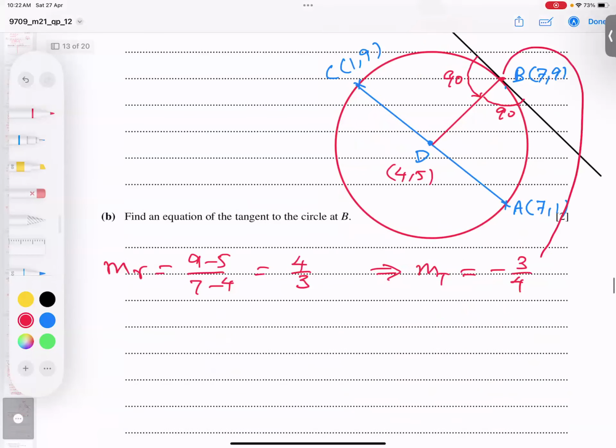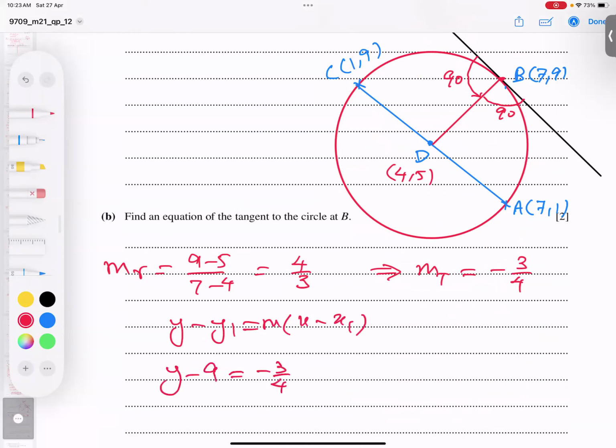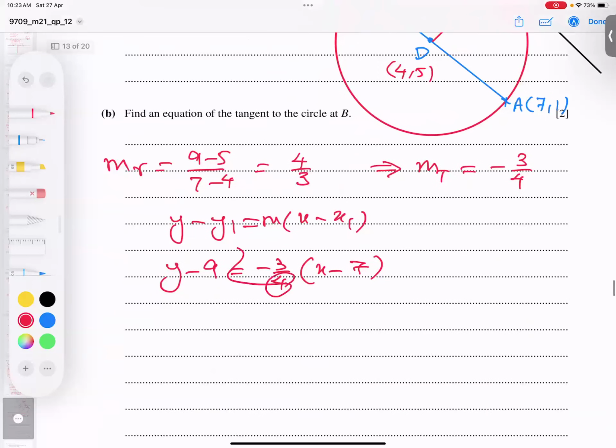Now I can find the tangent using B and this: y minus y1 equals m times x minus x1. y1 is 9, m is minus 3/4, and x1 is 7. Multiply by 4 to avoid the mistake of fractions. So minus 3 multiplied inside gives 21.